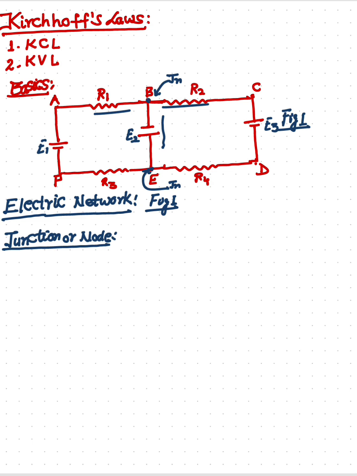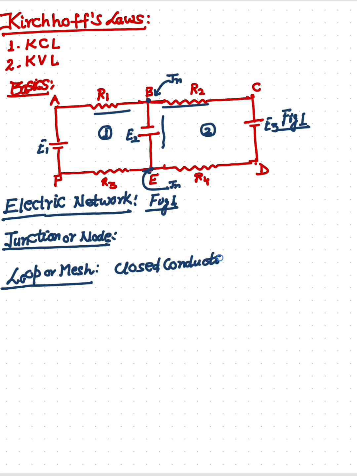The next term is loop or mesh. So what is a loop? Here in this diagram, this is loop 1 and this is loop 2. So a loop is a closed conducting path in an electrical network.